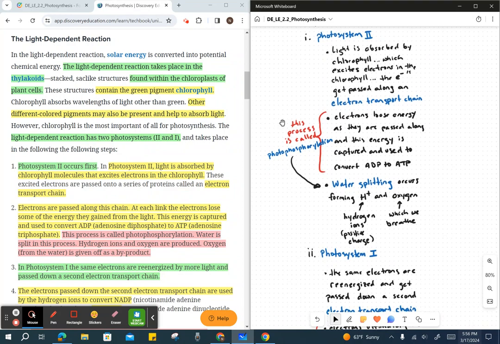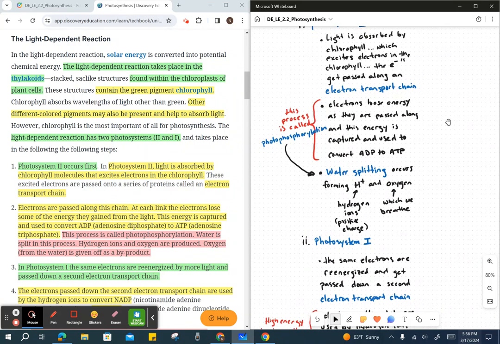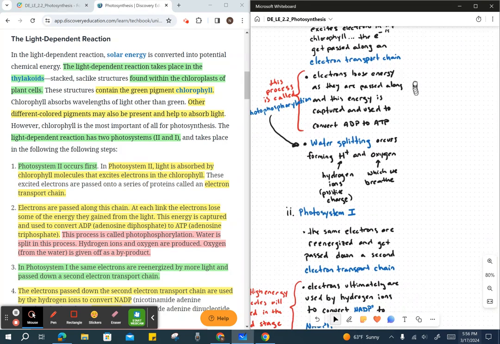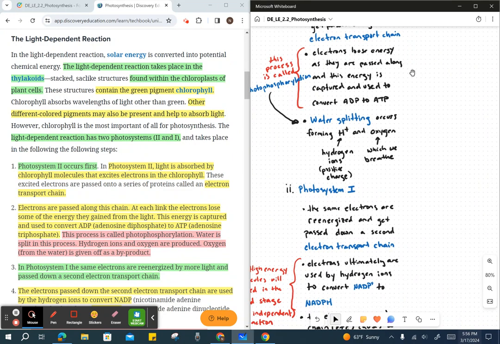So that electron that is excited is going to be passed down what's called an electron transport chain. Okay, and this chain exists inside the membrane of a plant cell, inside the stroma. So the electron loses energy as it's passed along this electron transport chain.